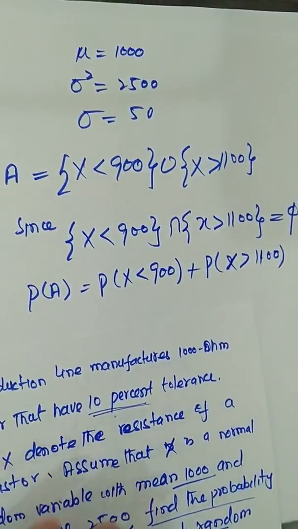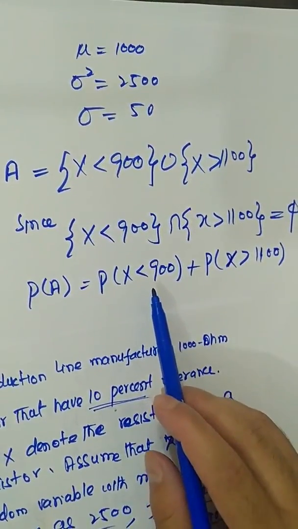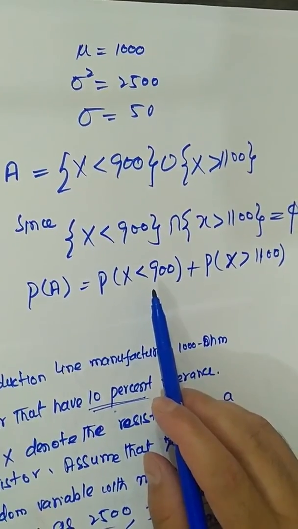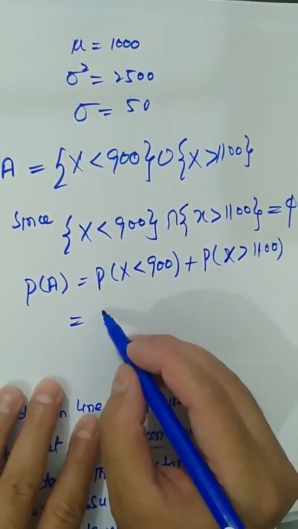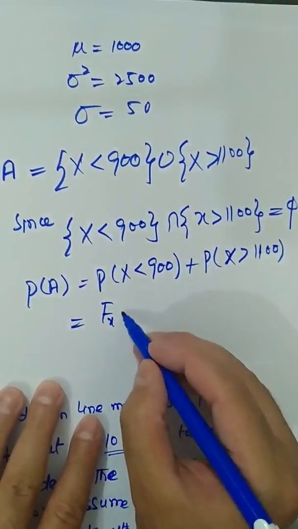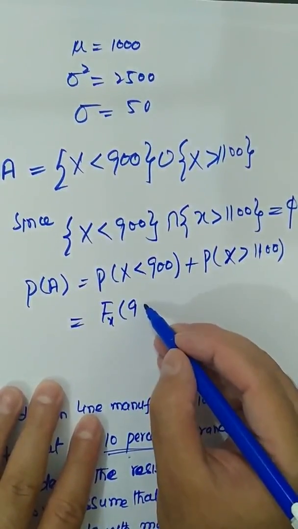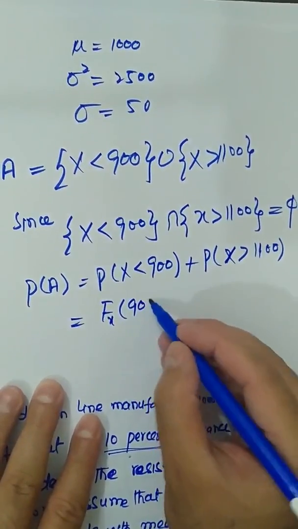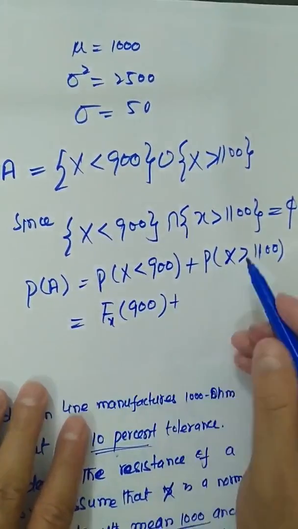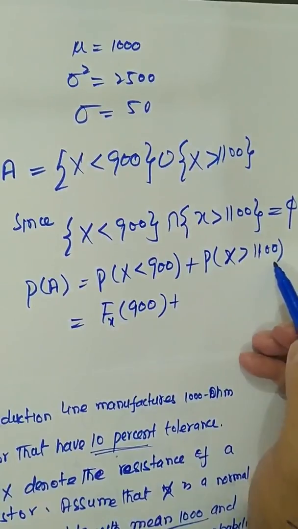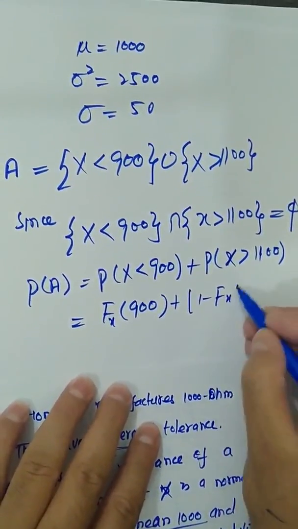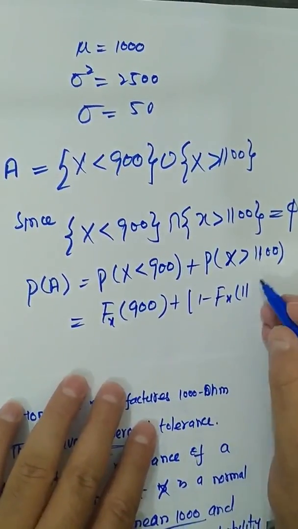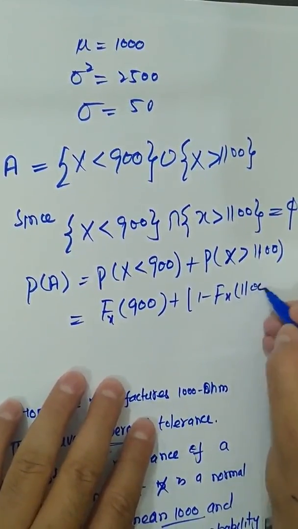We will change it into the standard normal distribution form. So first, the CDF of x at 900 plus, as x is greater than 1100, the CDF would be 1 minus F of x at 1100.